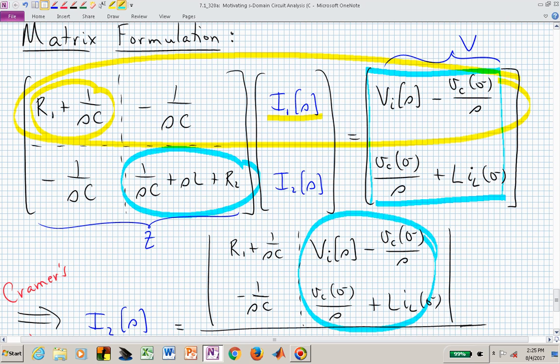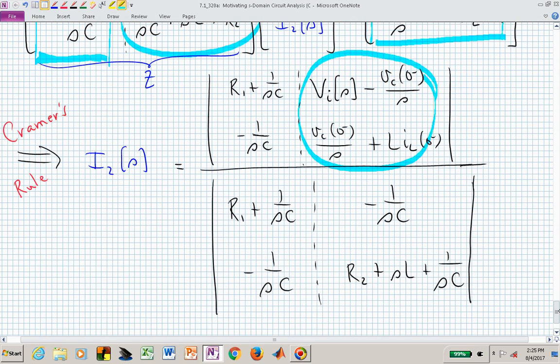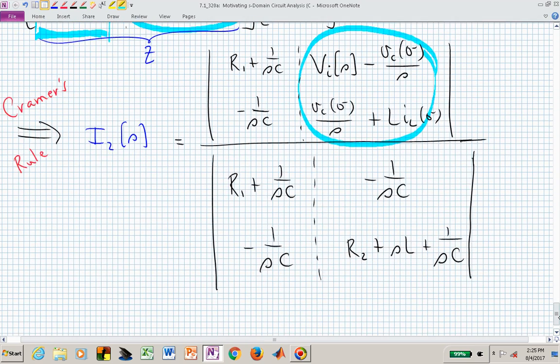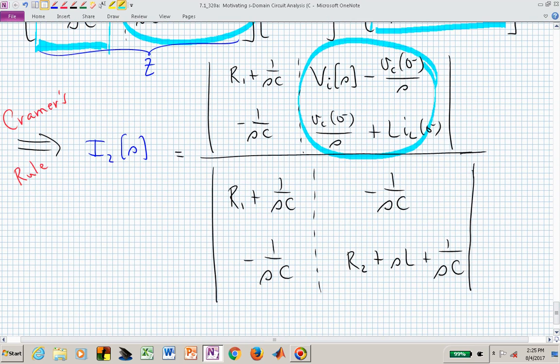The left column is simply the left column of our impedance matrix. And the denominator is another determinant, but that determinant is the entire impedance matrix without having to replace any of its columns.